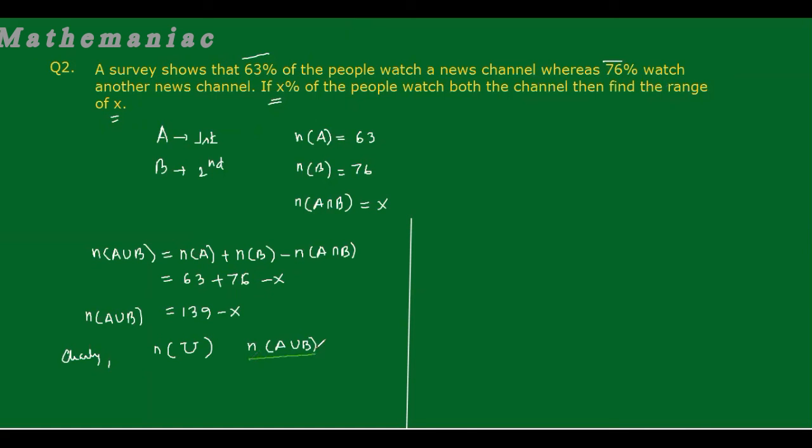This is the set which represents the persons who watch at least channel A or channel B. But the universal set is the set containing all the people, so among all those people there may be some who don't like any one of the channels. So I can say that the number of elements in U is greater than or equal to n of A union B. Maybe equal; if not equal, then U will always contain more elements.